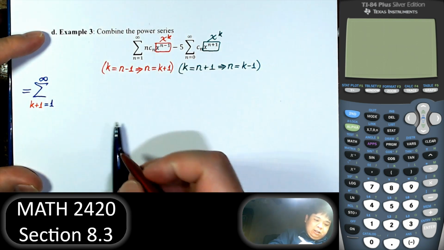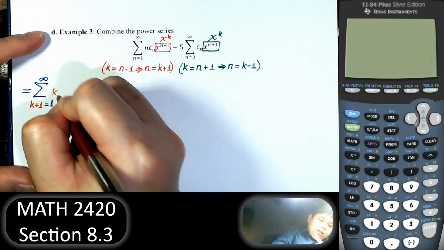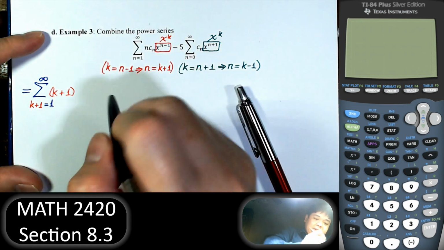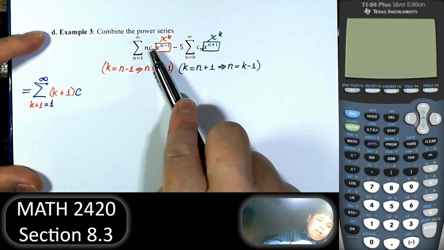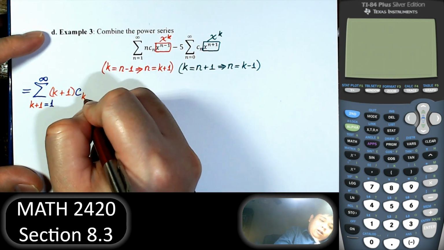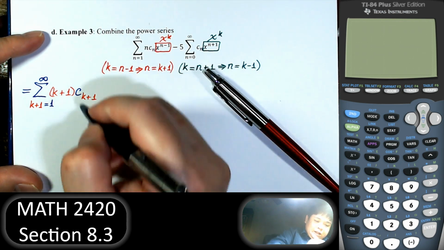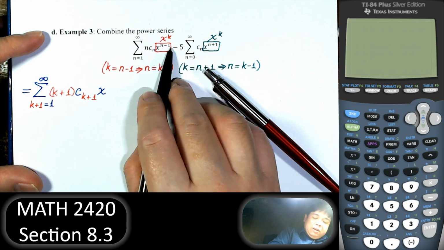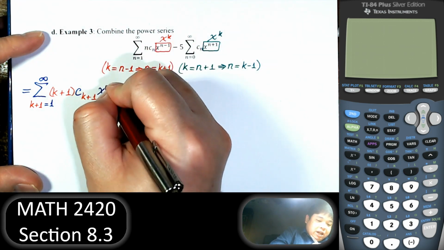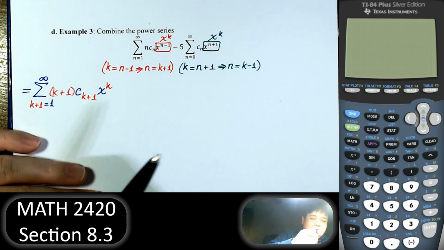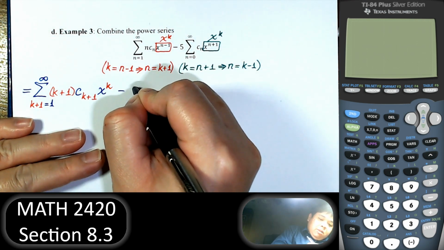And k plus 1, C of n, which is k plus 1, x to the n minus 1. By the way, we need x to the k there. Right, minus 5.